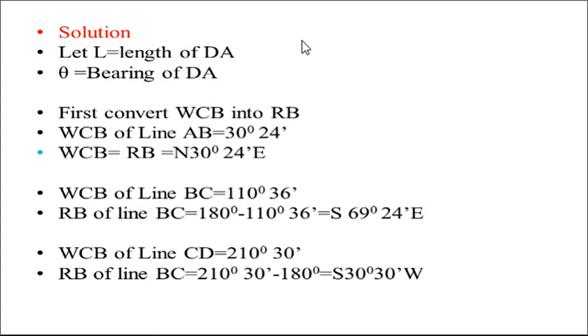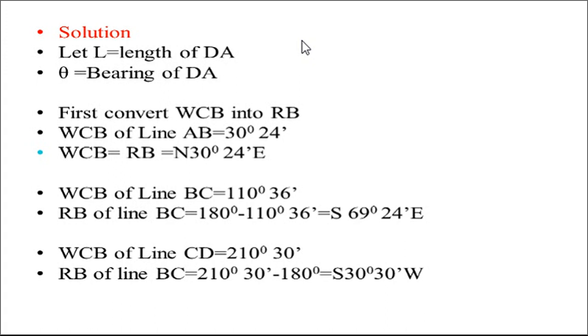Then for line BC, the WCB is 110 degrees 36 minutes. Therefore, the reduced bearing of line BC is equal to 180 degrees minus the whole circle bearing of BC, that is 180 degrees minus 110 degrees 36 minutes. So RB is equal to 69 degrees 24 minutes and the quadrant is SE, second quadrant.